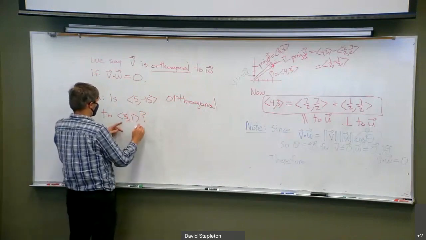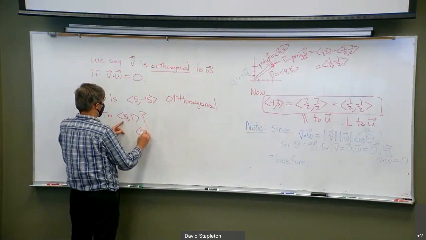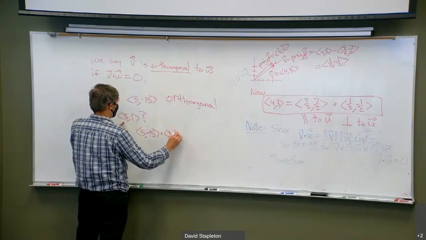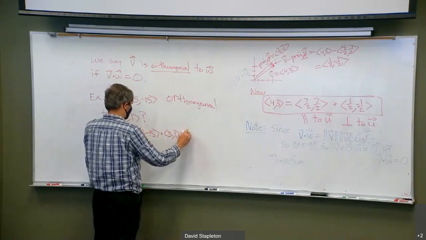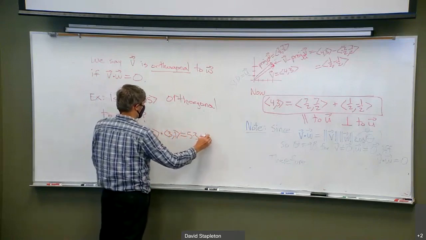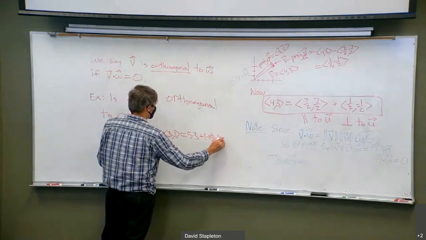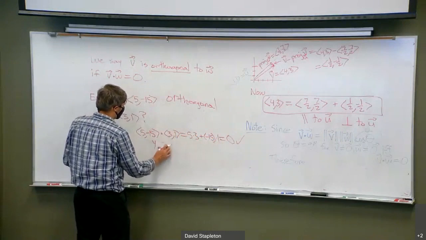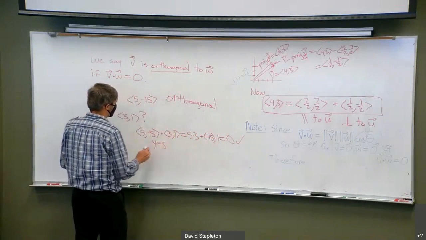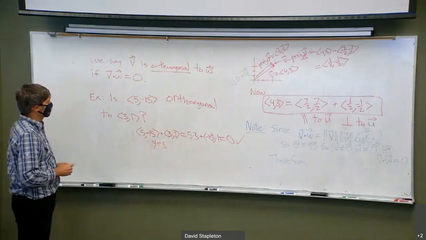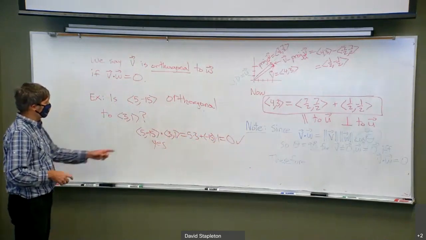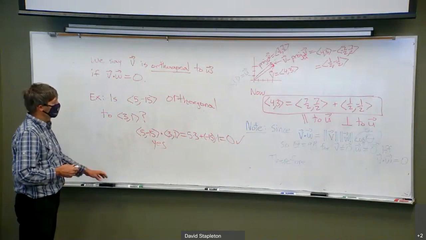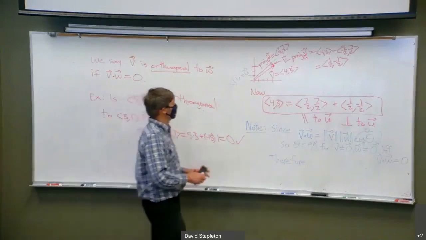Well, it is, because we just take their dot product to check. (5, -15) dot (3, 1) equals 5 times 3 plus -15 times 1. Sure enough, it's 0. So the answer is yes. The vectors will be orthogonal if and only if their dot product is 0. That's the way it's defined. Then the zero vector dot anything is 0, so it's perpendicular to everything. Well, that makes a very easy way to test when vectors are orthogonal.